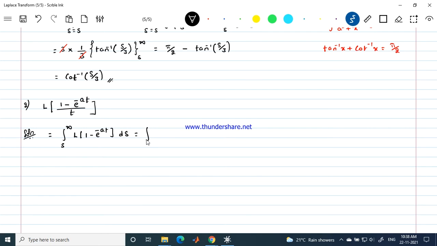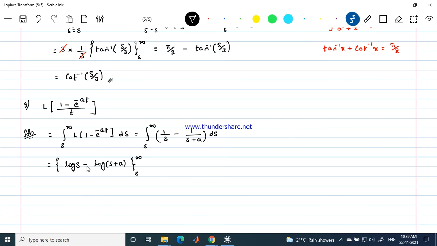This is equal to the integration from s to infinity of the Laplace of 1 minus the Laplace of e power minus at. Integrate this with respect to s. This is log s minus log of s plus a between the limits s and infinity.